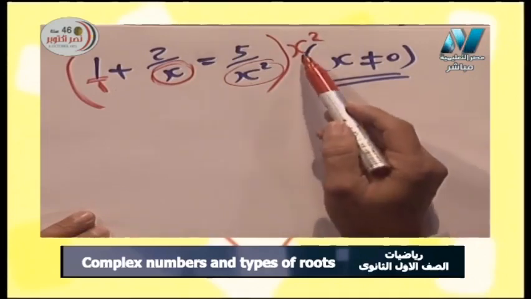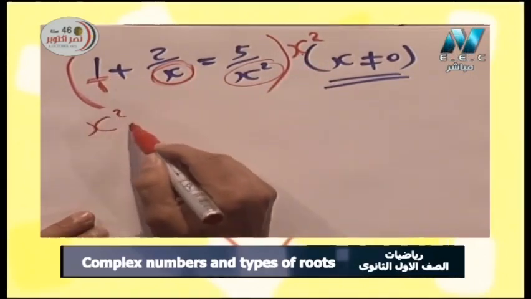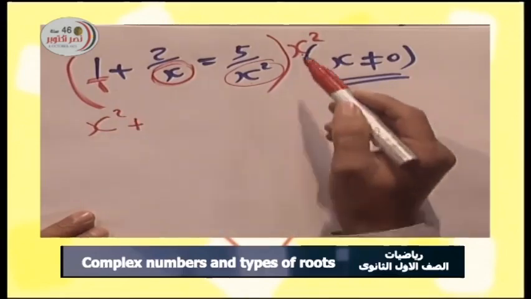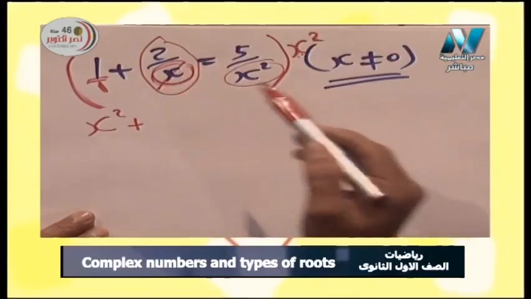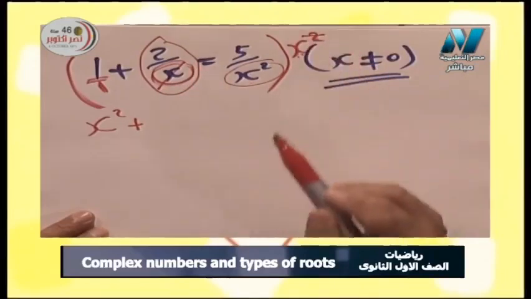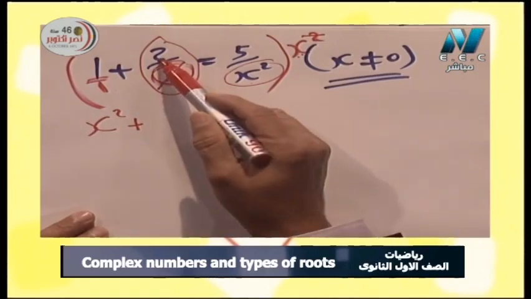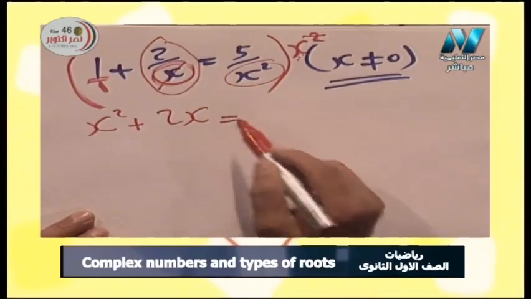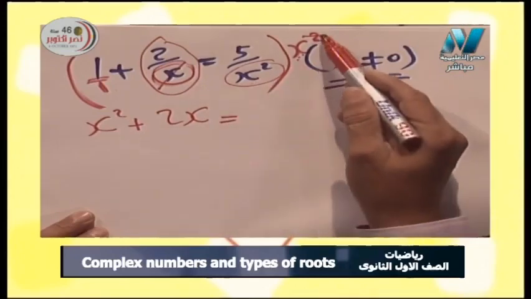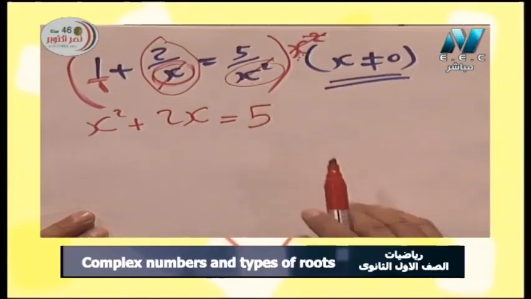Because x² times 1 gives x². And x² multiplied by 2 over x: the x cancels with the x in the denominator, leaving 2 times x, equal to 2x. And x² times 5 over x², the x² cancels, and the answer will be 5.